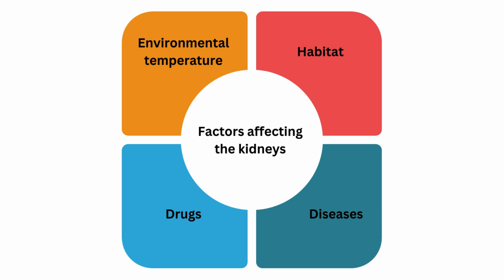There are diverse conditions or factors that may affect the functioning of our kidneys. These factors include environmental temperature, drugs, habitat, and diseases. Environmental temperature. The temperature of the environment affects the functioning of the kidneys.